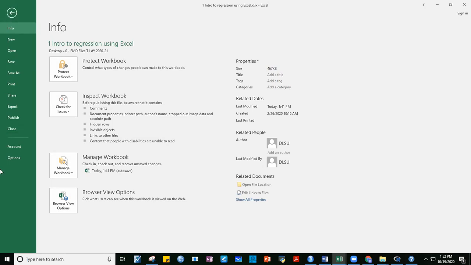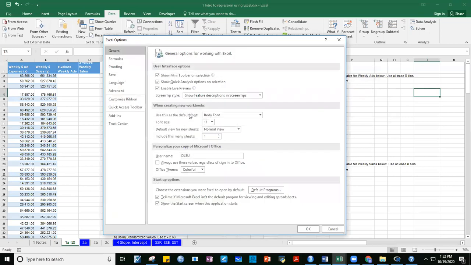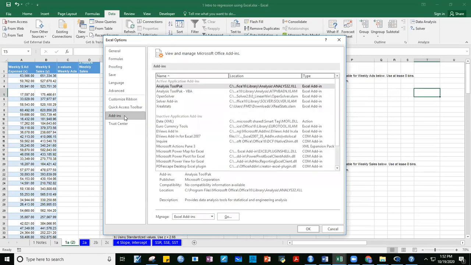So File, then, guys, here, Options. Kindly tell me if you're following. Yes po. Okay, Options. And then after Options, guys, you'll see Excel Options, then Add-ins.